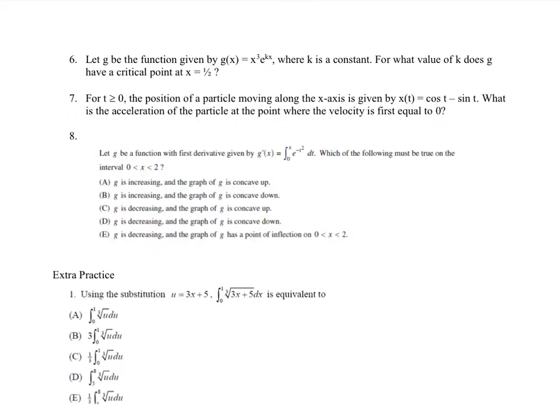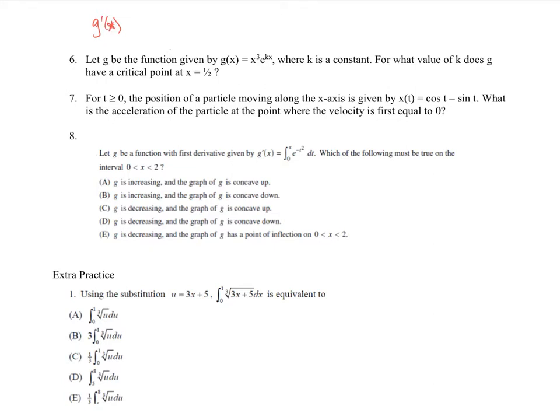For number 6, it says, let g be the function given by that, where k is a constant. For what value of k does g have a critical point at x equals 1/2? Well, let's go ahead and find what g prime of x is.